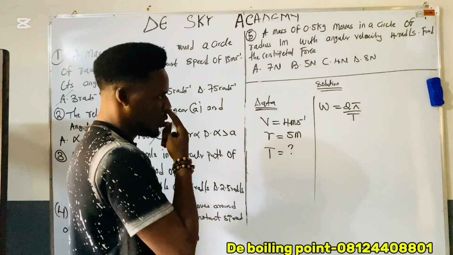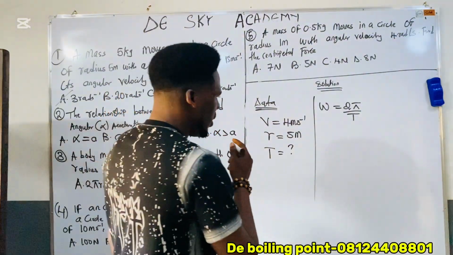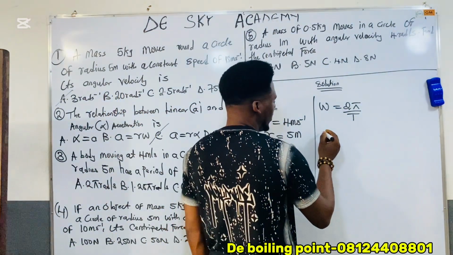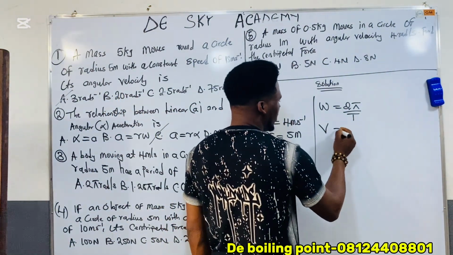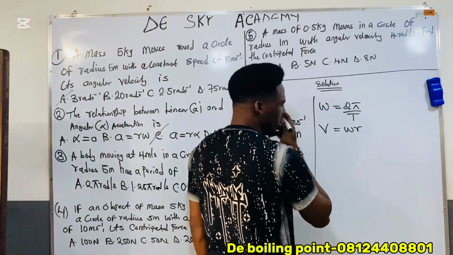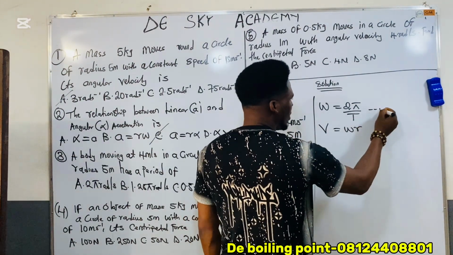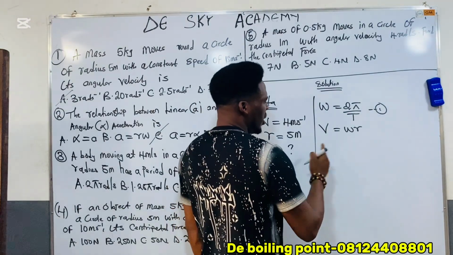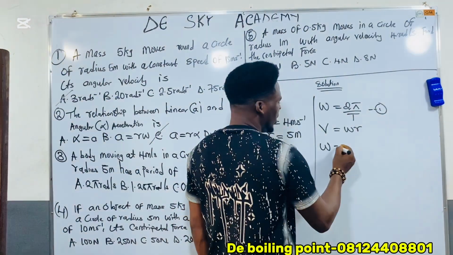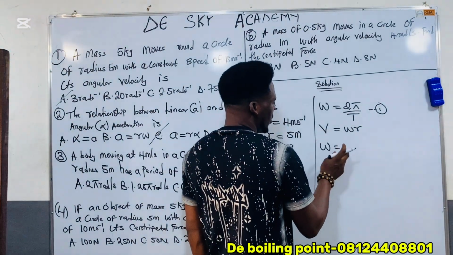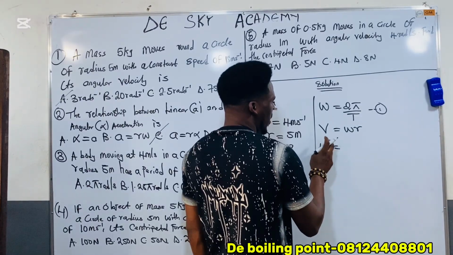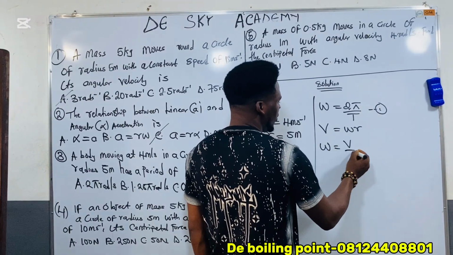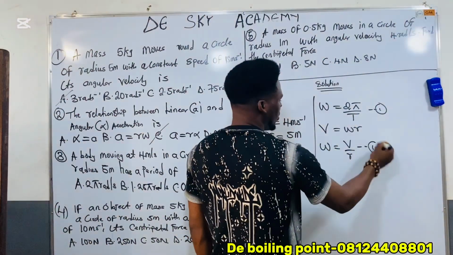Omega is equal to 2 pi over T. And linear velocity is equal to omega R. So let me call this one equation 1. If we make omega the subject of the formula, I can have it that omega is equal to velocity over R. Call this one equation 2.